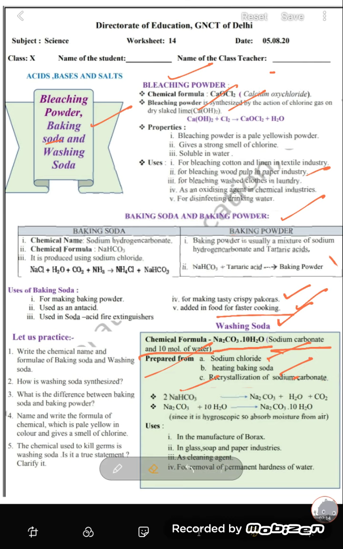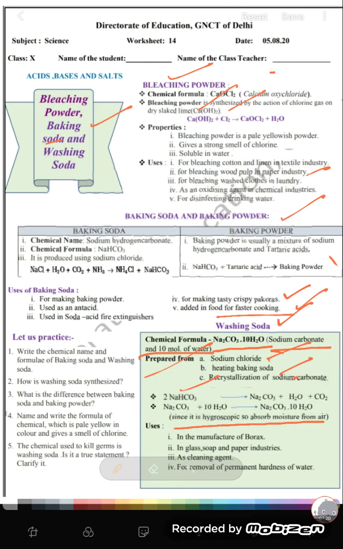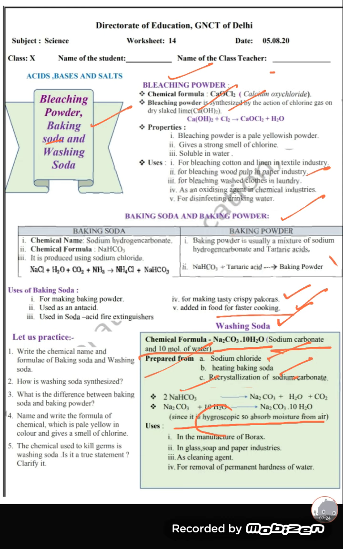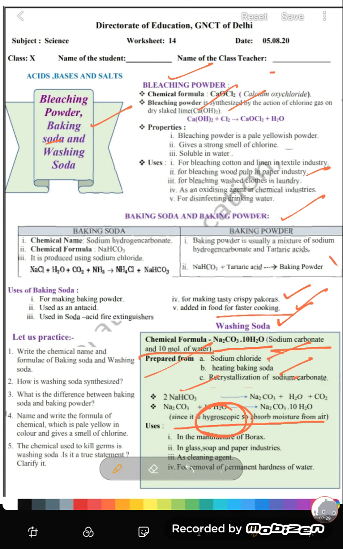One very important thing: it is hygroscopic, so it absorbs moisture from air. What do we mean by hygroscopic? Substances which absorb moisture from the atmosphere are called hygroscopic in nature.